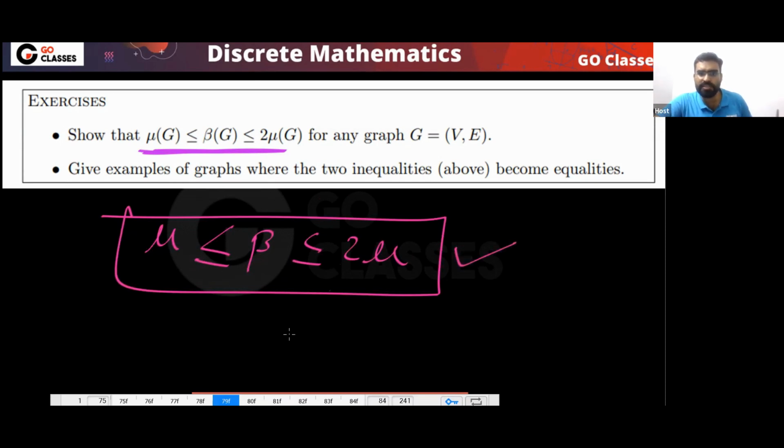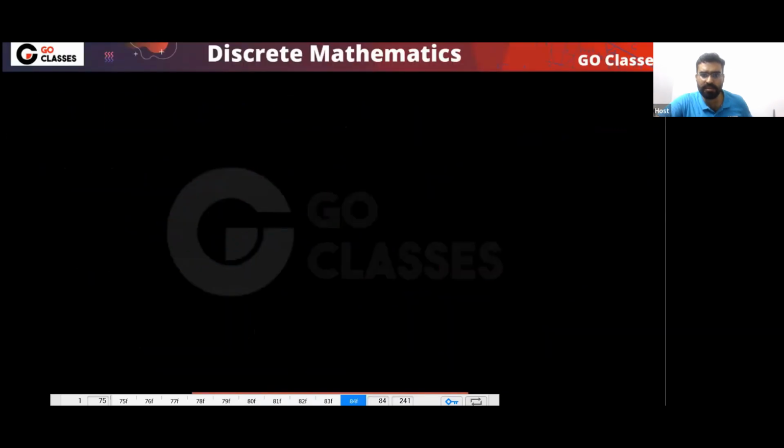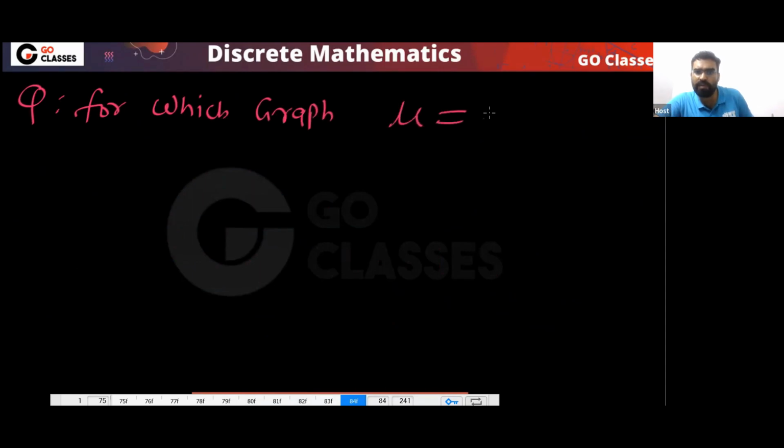Now for which graph? For example, if you take these graphs, this is my question: for which graph will mu be equal to beta? Can anyone tell me? Give me a graph.